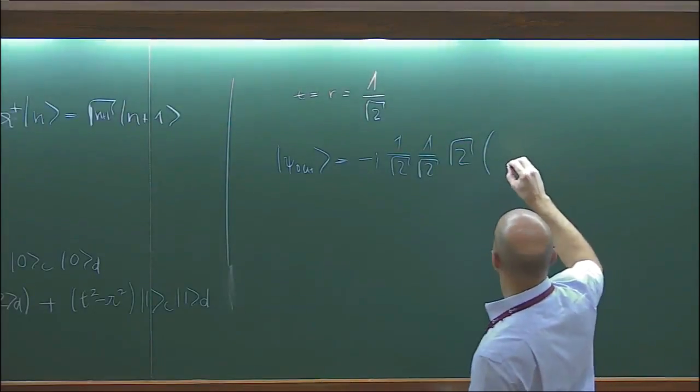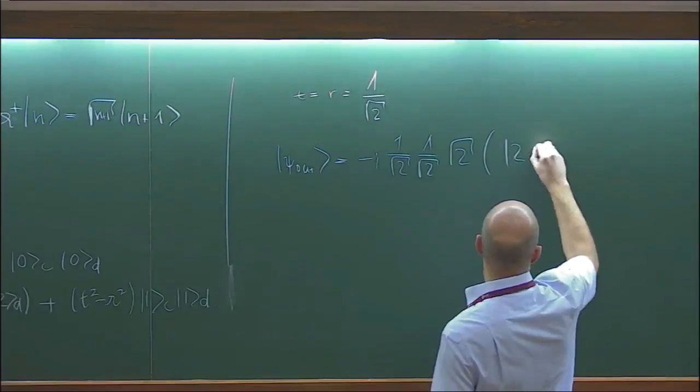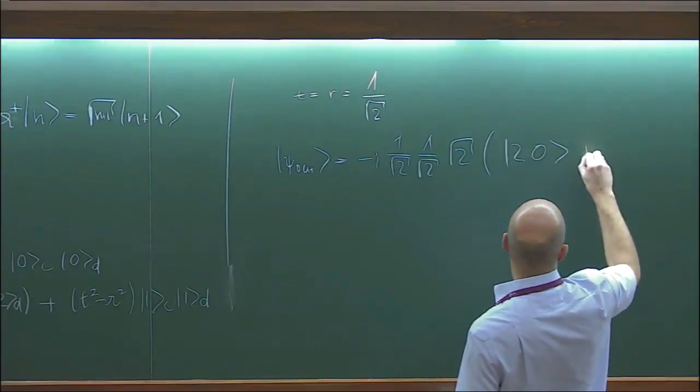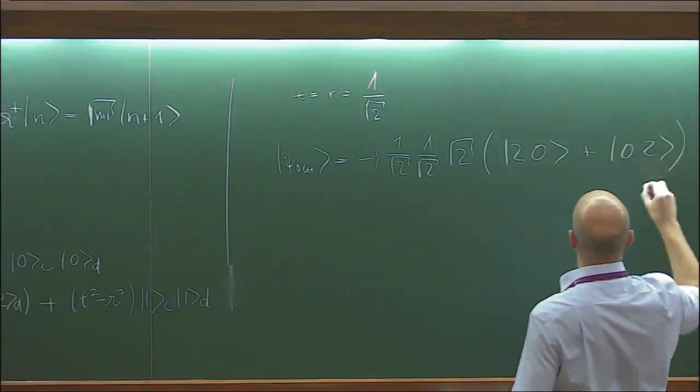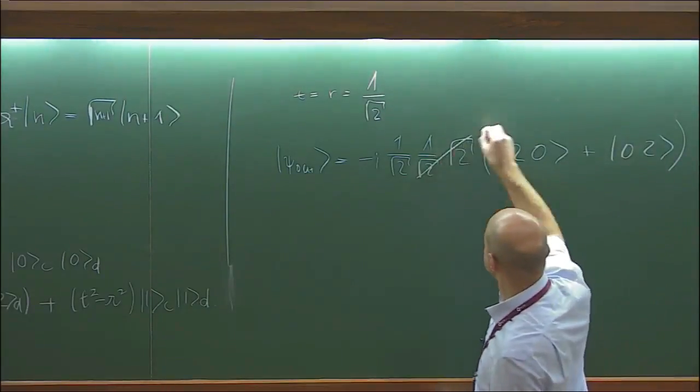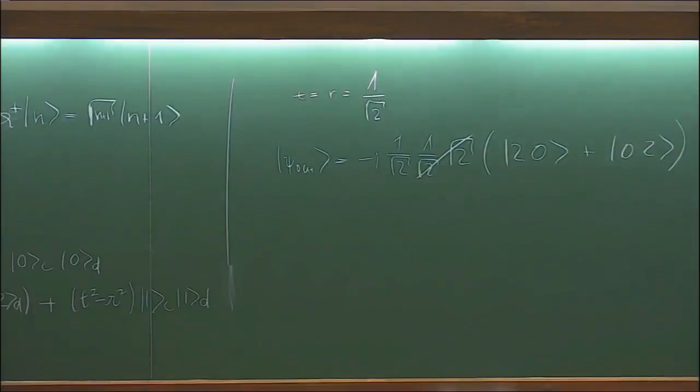Then we had 2, 0, plus 0, 2. And there's a minus i up in front. That's really unimportant, it's a global phase.